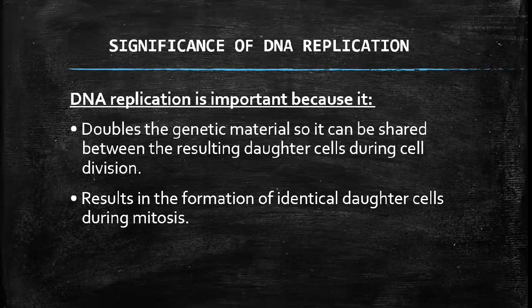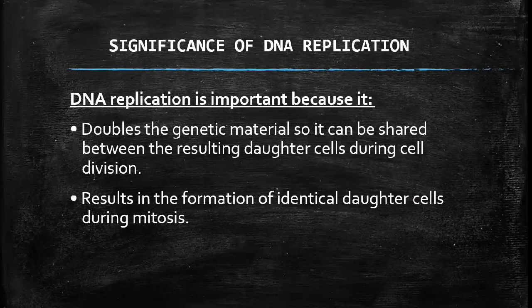Now, because DNA replication forms new copies, new replicas, new duplicates, it doubles the genetic material or information, so it can be shared between the resulting daughter cells during cell division, during meiosis and mitosis, which is what we're going to discuss.